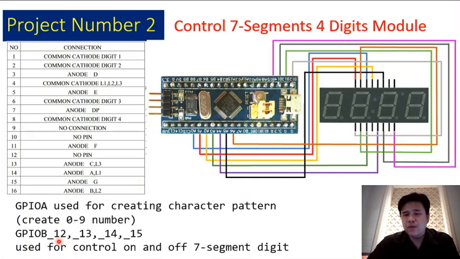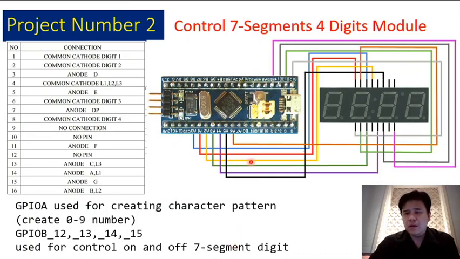It means that GPIO 12 will control this 7-segment, this one will control this 7-segment, this one, and also this one. But how can you control it? If you would like to make that specific 7-segment on, then you just use logic 0. But if you would like to make that 7-segment off, you just specify logic 1 into this pin, then your 7-segment will follow that command.